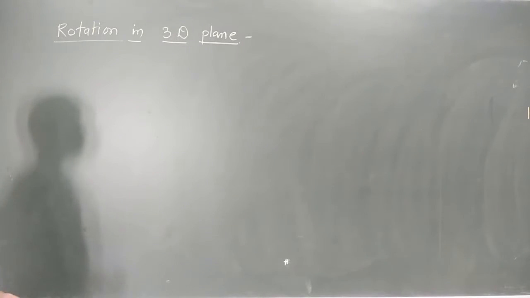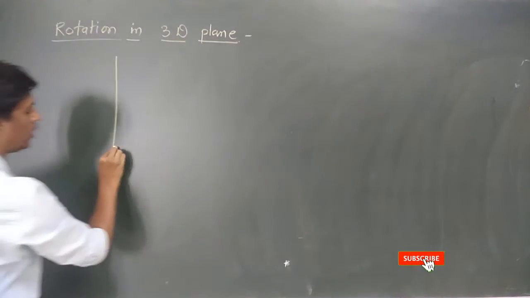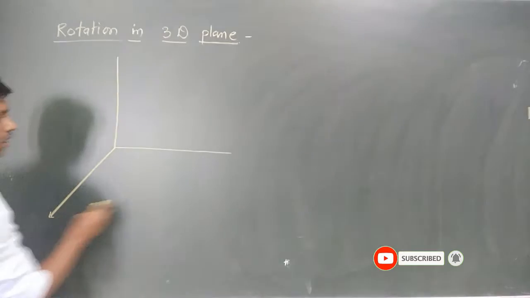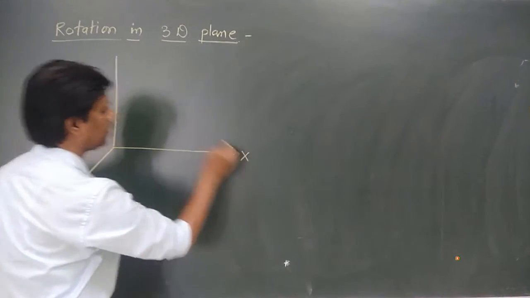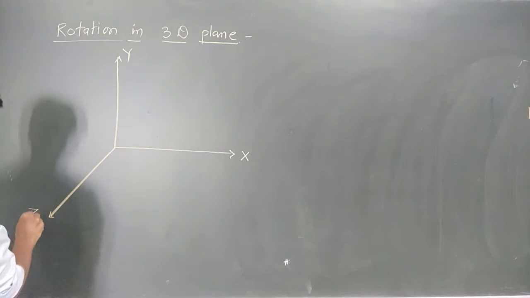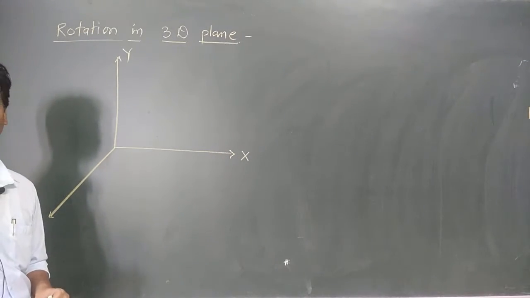So suppose we consider the x, y and z plane, this one is your three-dimensional plane, x-axis, y-axis and z-axis. As we know, all these three axes are mutually perpendicular to each other.